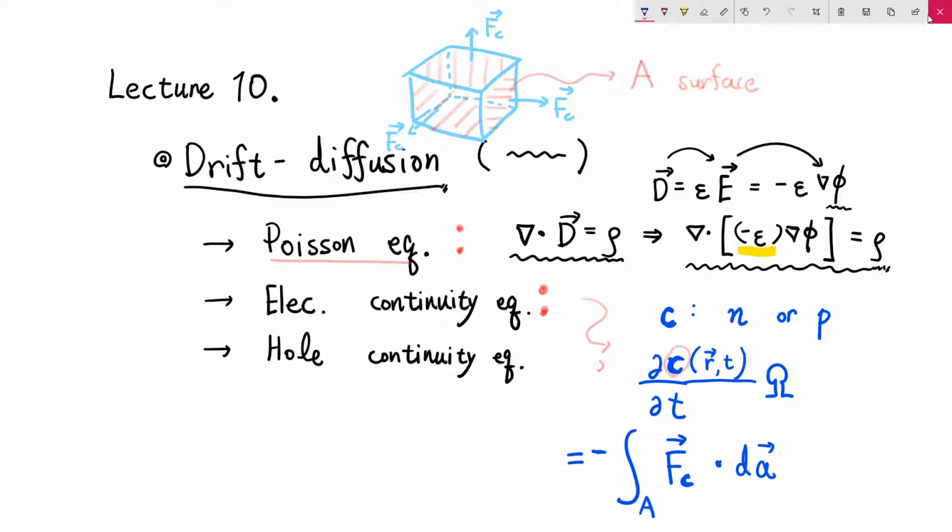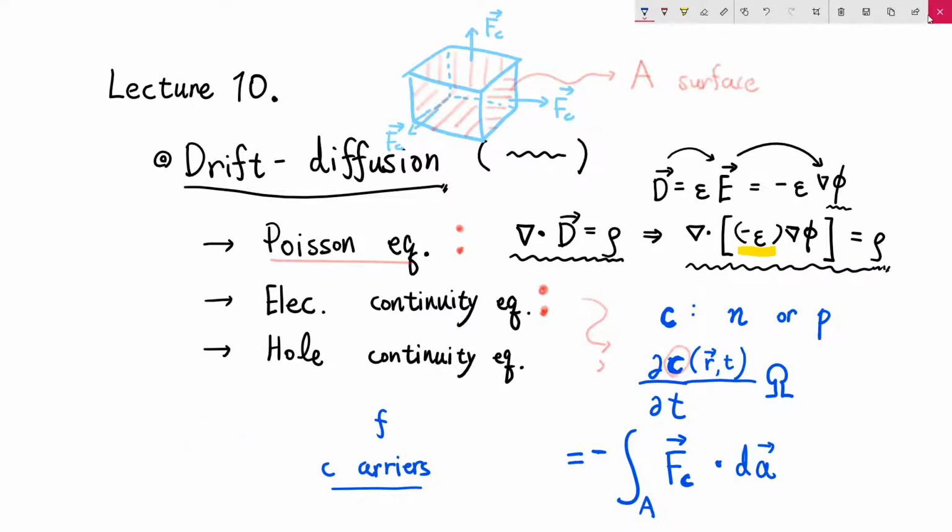Let's call it omega, whatever. Actually, C times omega will be the number of carriers. Okay, so we will have this relation, so everything looks perfect.